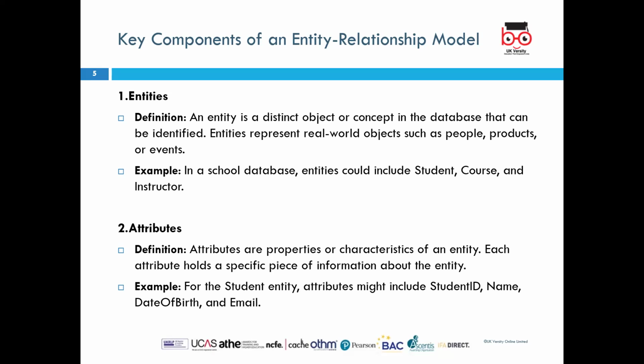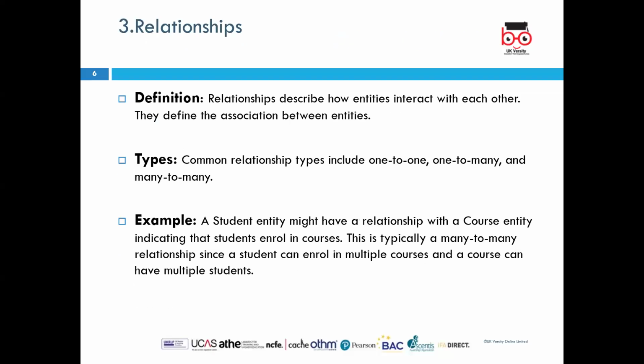And attributes are simply going to be some quality that we can find in our entities. So, for example, if we look at a car, attributes could be steering wheel, tires, wheels, and so on. As the definition says, attributes are properties or characteristics of our entity. Each attribute holds a specific piece of information about our entity.